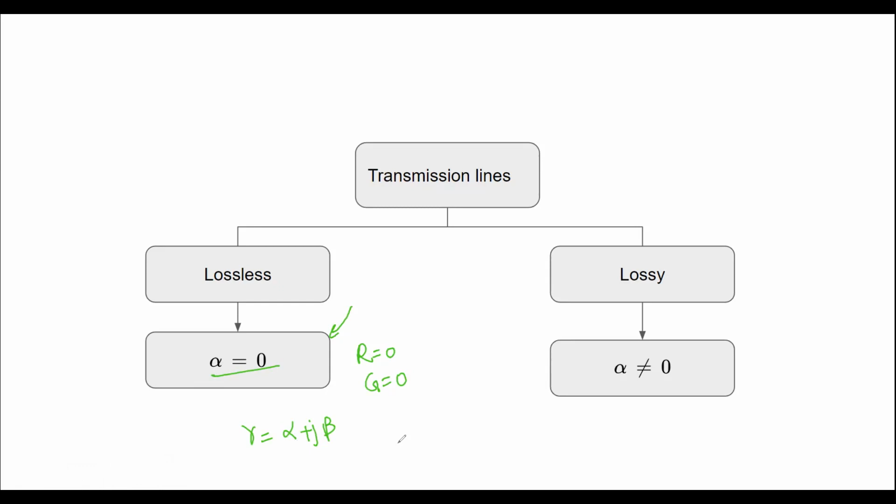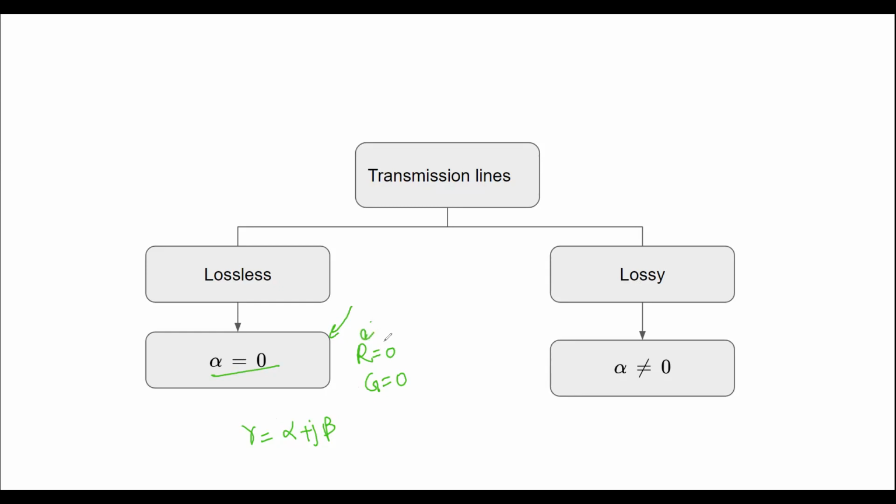So in this scenario, we have alpha equals 0, R equals 0, G equals 0, right? In most microwave communication engineering designs and related studies, we consider lossless transmission lines in most cases, sometimes because we have very highly conducting wires.